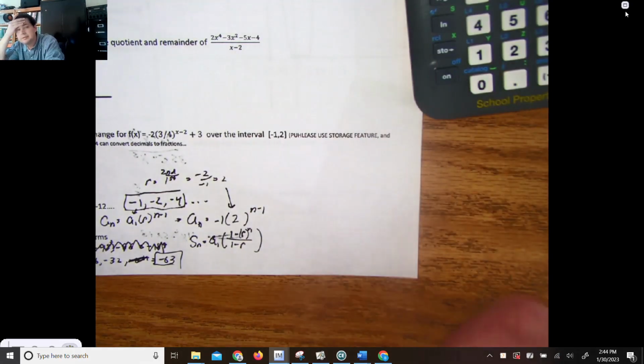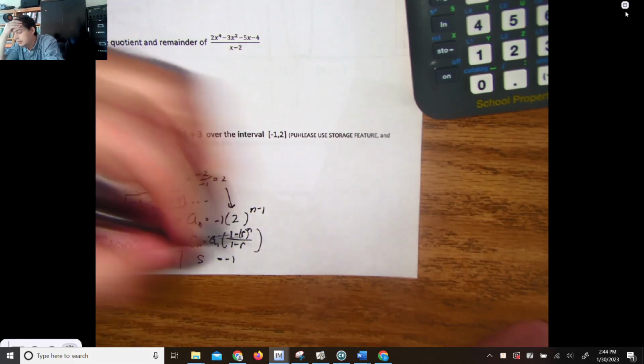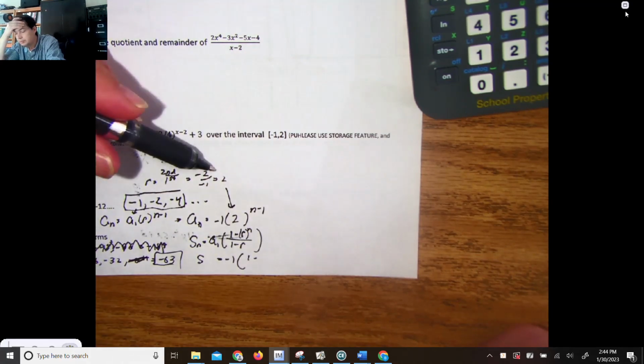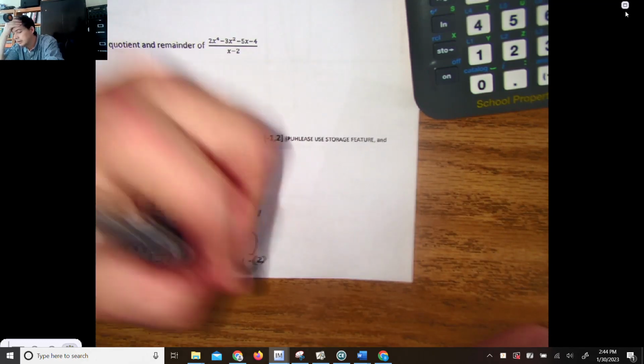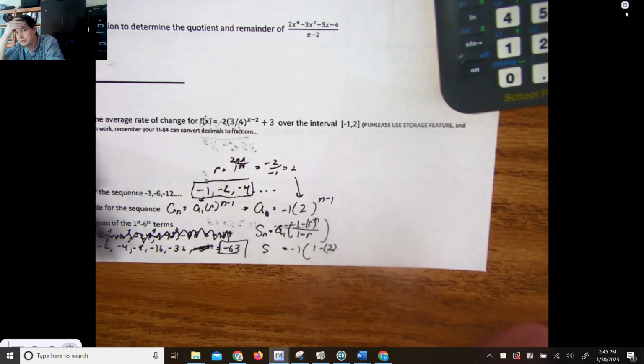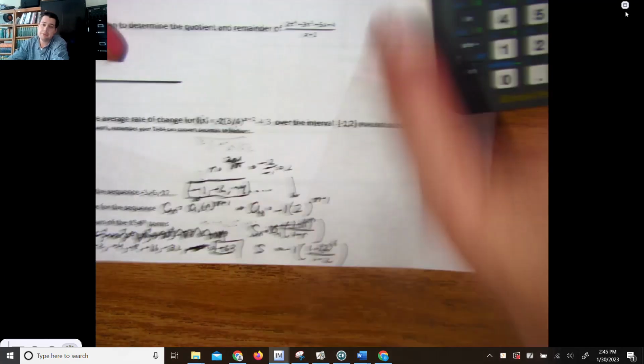Anyways, back to this. It might be quicker for some of you to use a formula. The first term is -1. Parentheses, the ratio was 2. And there's the first through sixth terms. There's 6 of them. And it'll be over 1 minus 2. I don't know which one's going to be quicker for you.